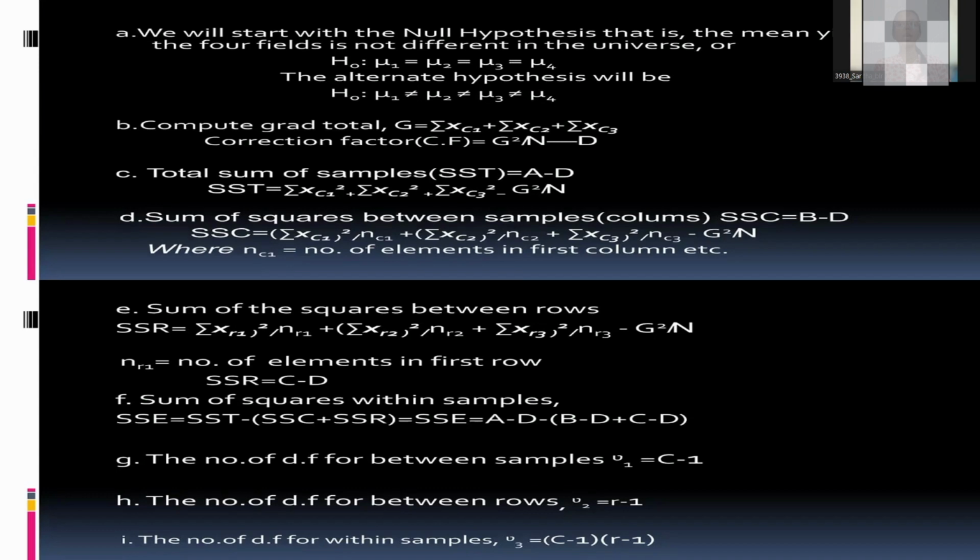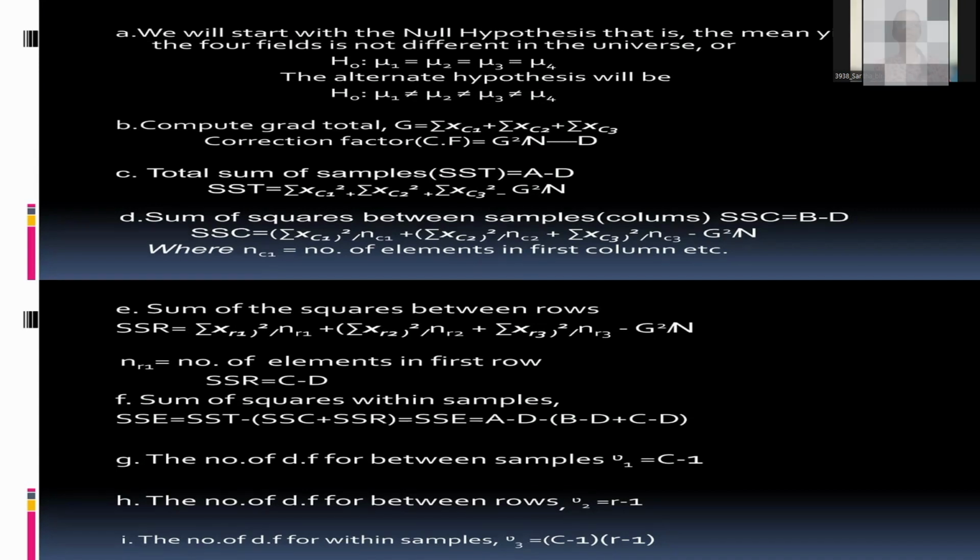SSC is the summation of XC1 squared divided by NC1 plus summation of XC2 squared divided by NC2 plus summation of XC3 squared divided by NC3 minus the correction factor, where NC1 is the number of elements in the first column, etc.